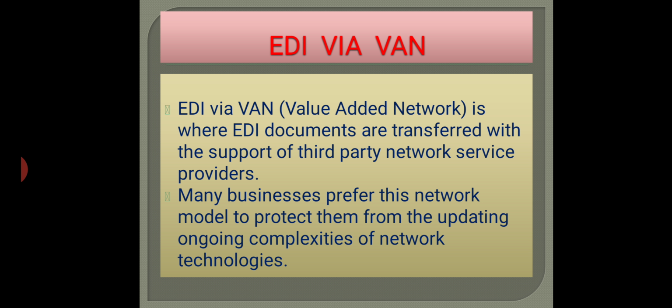Many businesses prefer this network model to protect themselves from the ongoing complexity of updating network technology. Some companies use this method because of network problems and issues in the networks. Many organizations use this VAN, that is, the value added network method.